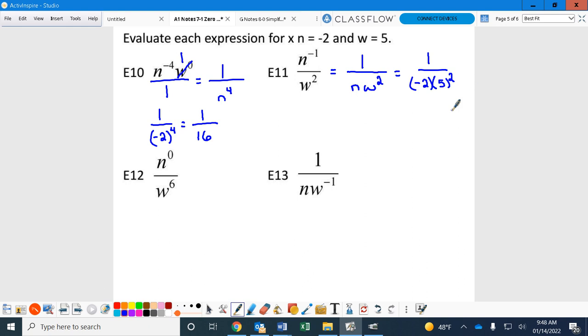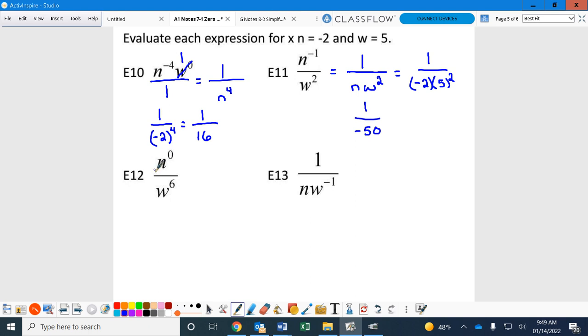Your calculator will take care of the order if you type it, but if you don't have a calculator on this section, you cannot do -2 times 5 and then square the answer. That's not how it works. The power comes first. So it's like 5 squared times -2. So your answer would be 1 over what? -50. There you go. Again, if you type it on your calculator, it will do that order of operations for you. But you've also got to know on the non-calculator today what to do.